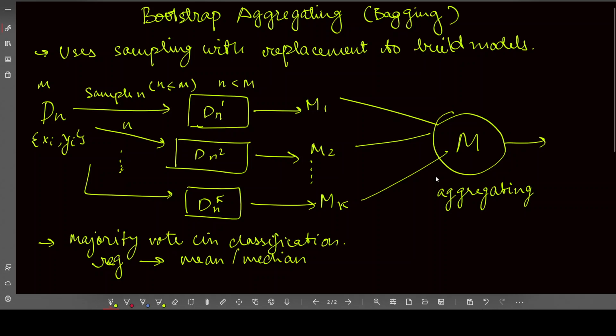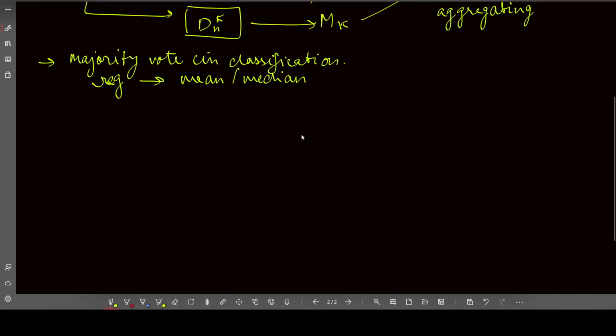Now, one of the most important things to understand in bootstrap aggregating, or bagging, is that bagging reduces variance. This is the variance from the bias-variance trade-off.